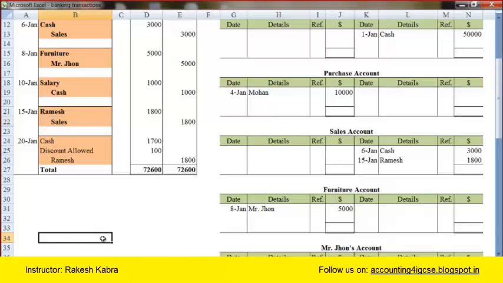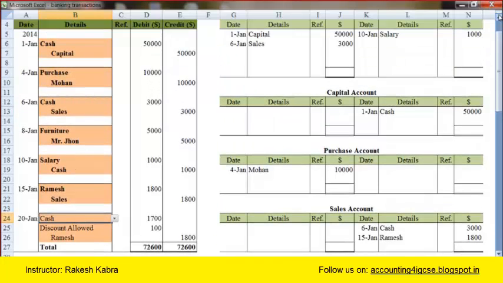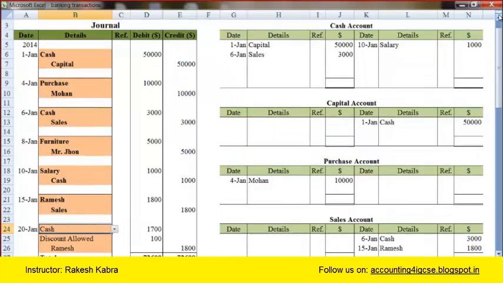Now next entry, tell me. In this entry we have three accounts. So first account is which one? Cash. So first posting will take place in which account? Cash account. So cash account debited or credited? So posting will take place on the debit side. Okay. On this side, debit side. So debited with how much amount? Cash debited, so that's why on debit side.